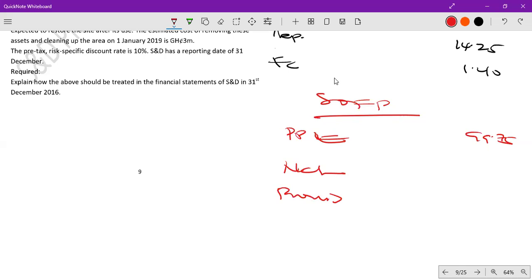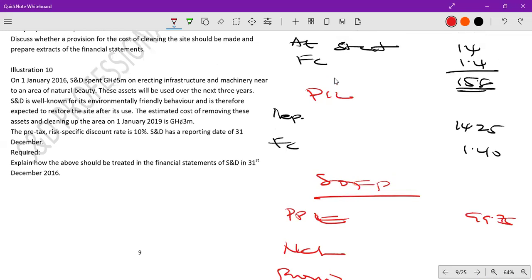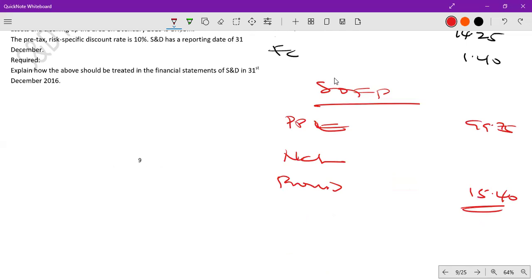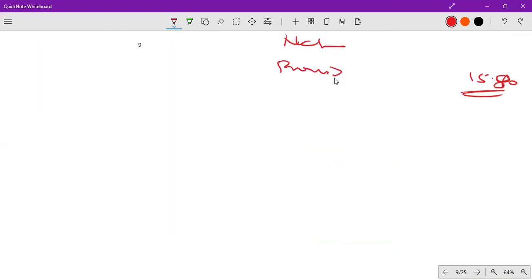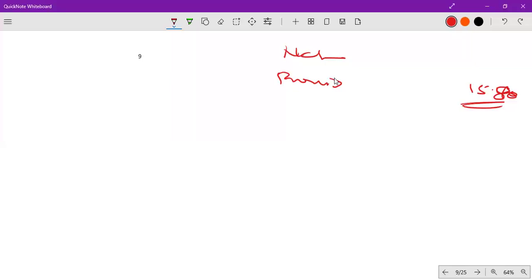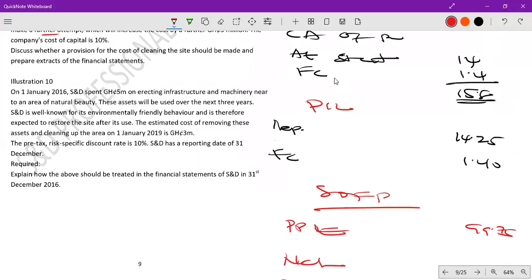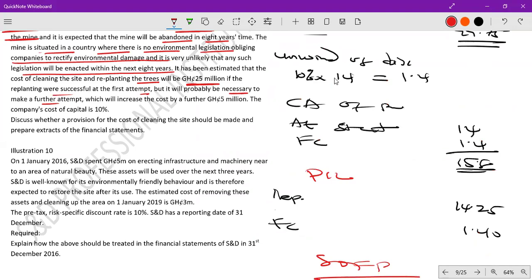And the carrying amount is what? 15.4. Somebody said 15.8, but it's 15.4: 14 plus 1.4 is 15.4. So this is how you account for this.